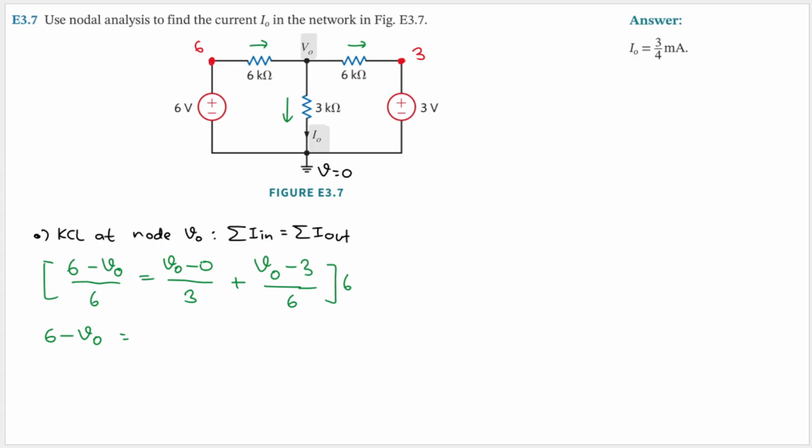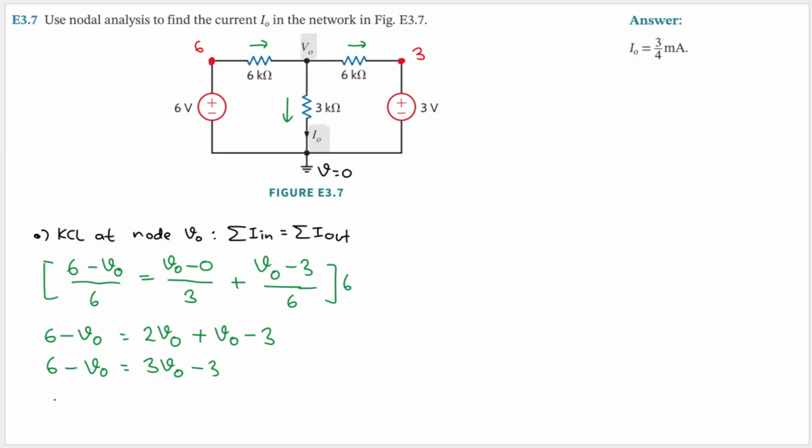V0 minus 0 is just V0, so we will have 2V0, and then this 6 and 6 will cancel out, so we'll have V0 minus 3. Good, now let's do simple math. 6 minus V0 is equal to 3V0 minus 3. Let's put the minus 3 into the left hand side and the minus V0 on the right hand side.